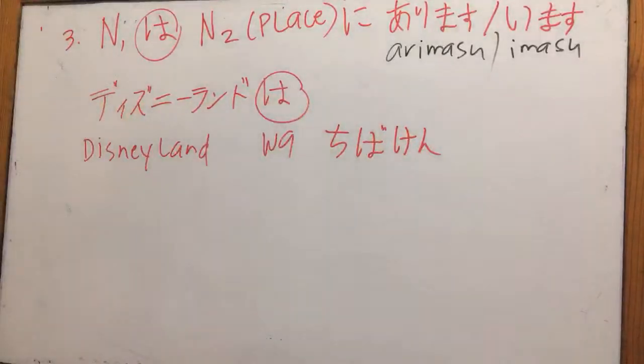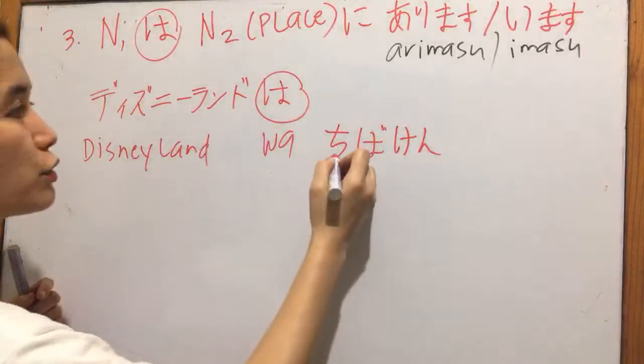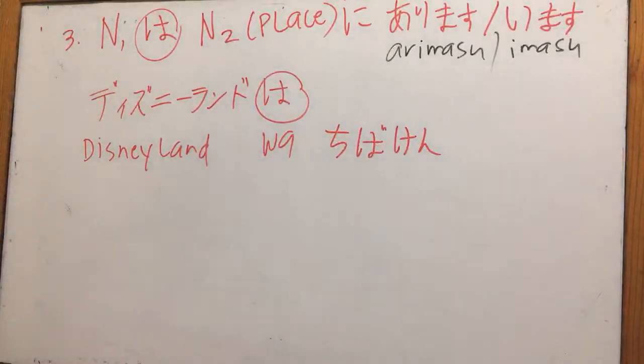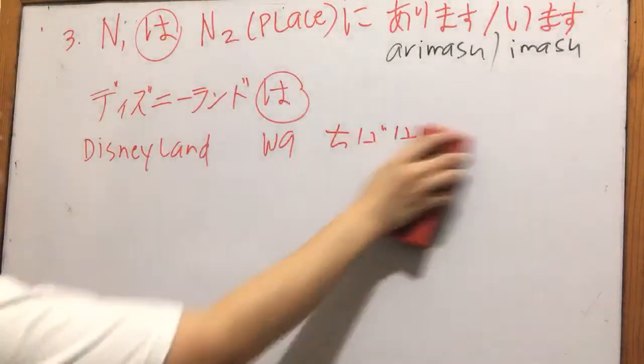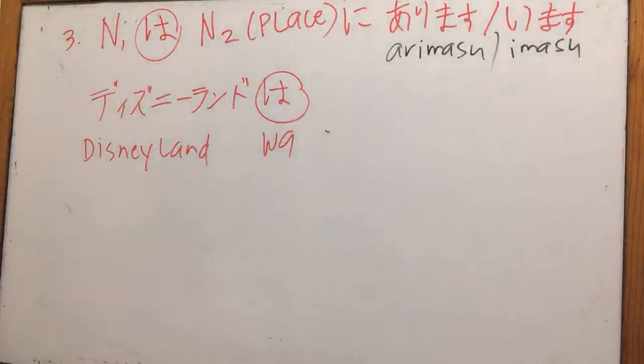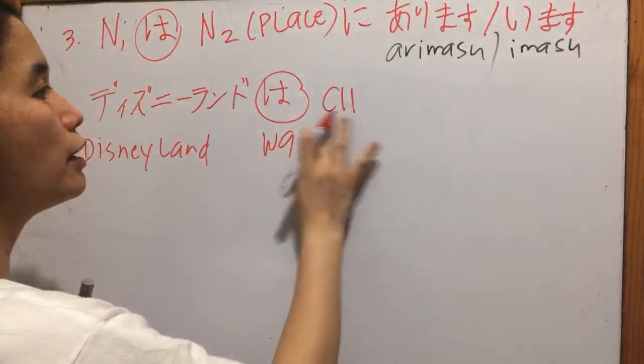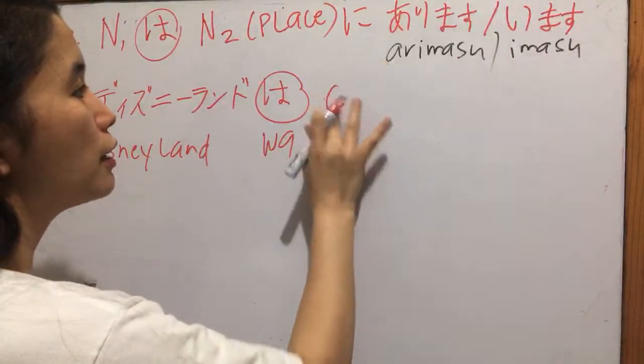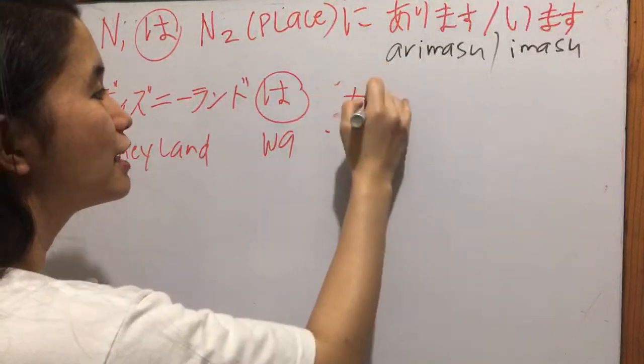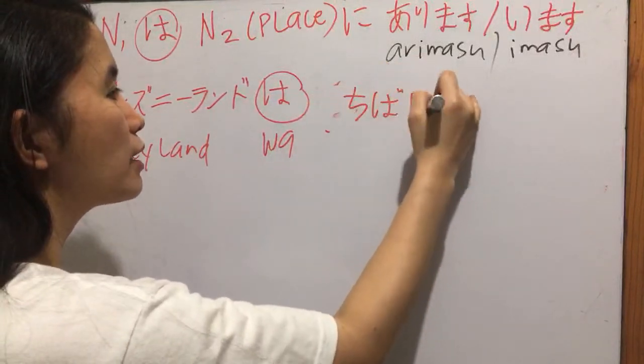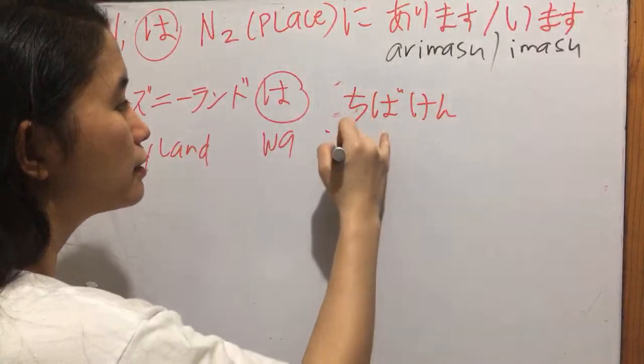Chiba-ken means Chiba Prefecture, okay? Chiba-ken, Chiba Prefecture.